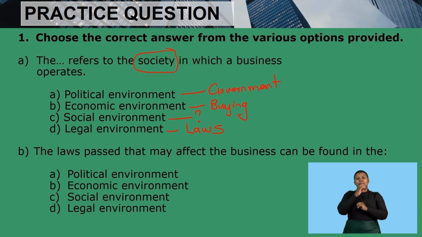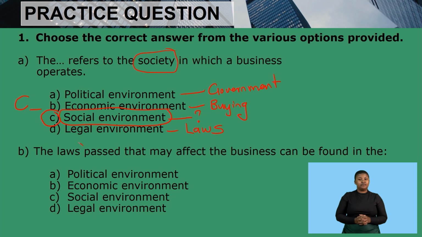So social environment, remember, refers to our society or where the people live. So our answer here will be C. C is the correct answer because the social environment refers to the society in which a business operates. Okay, so let's move on to our B one.